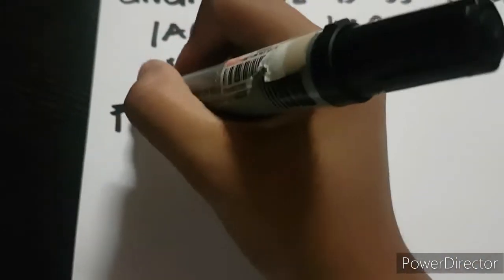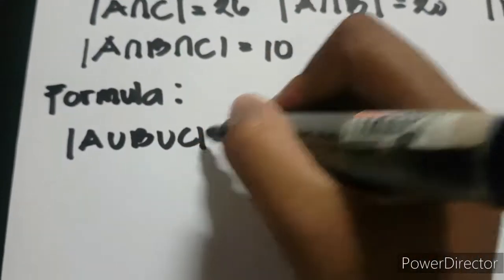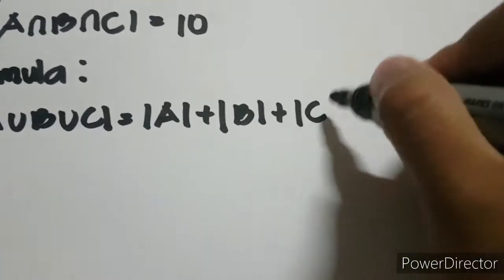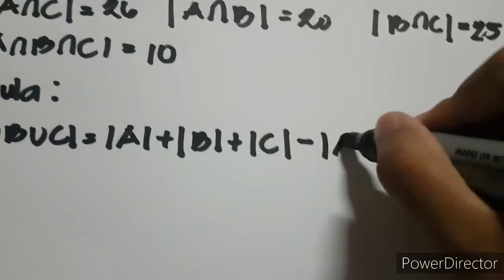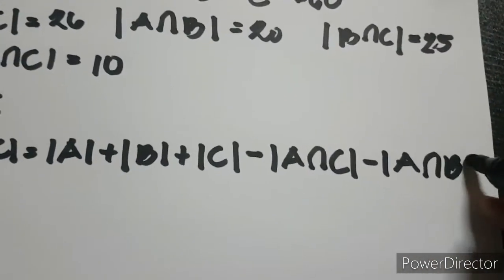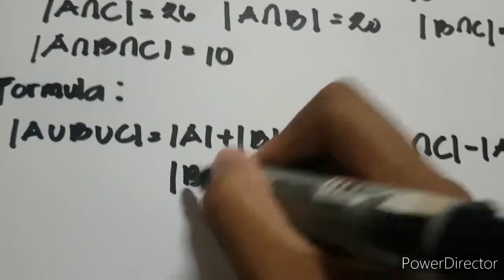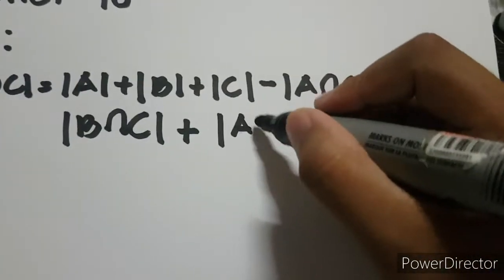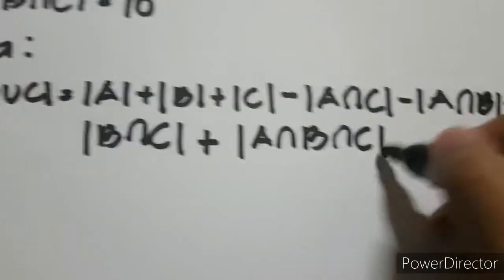So let us write first the formula to solve it easily and fast. A union B union C is equal to A plus B plus C minus A intersection C minus A intersection B minus B intersection C plus A intersection B intersection C. So let us substitute.